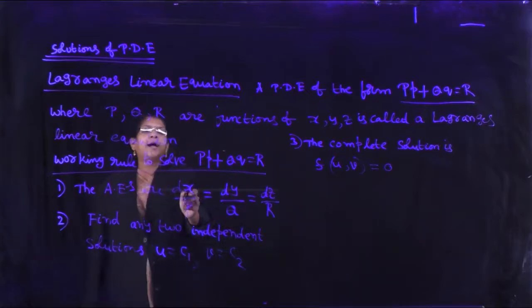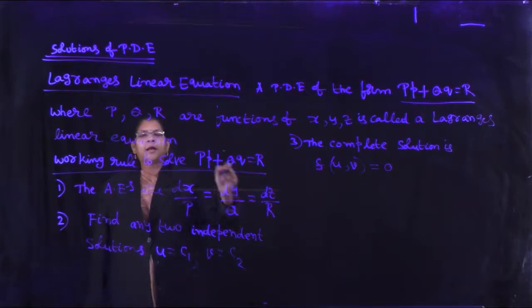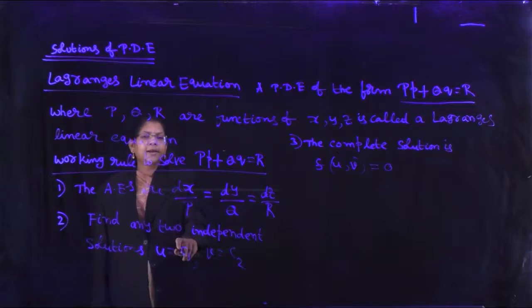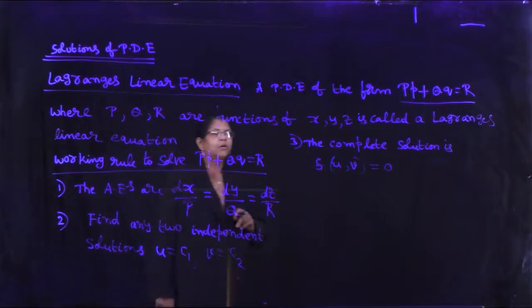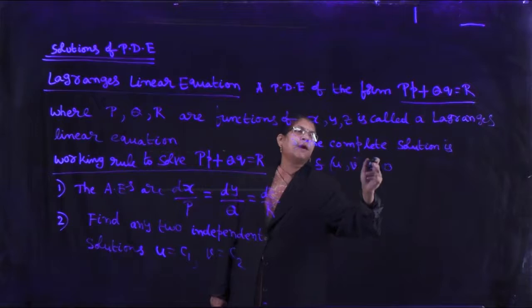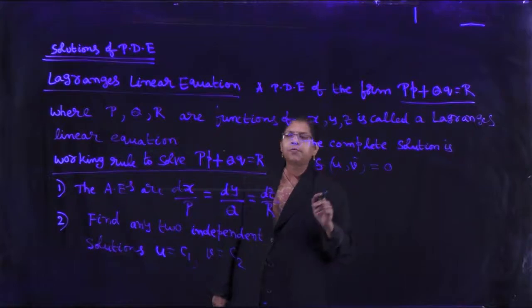Now, using the auxiliary equations, you find out two independent solutions, u equal to c1, v equal to c2. Finally, the complete solution is f of u comma v equal to 0.